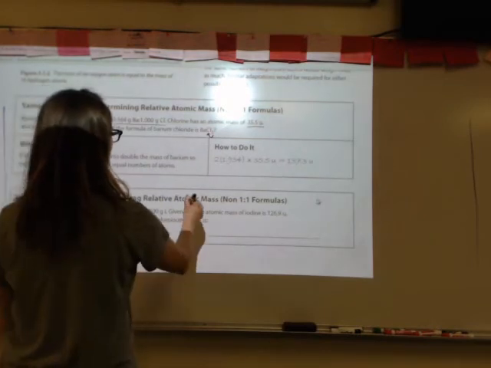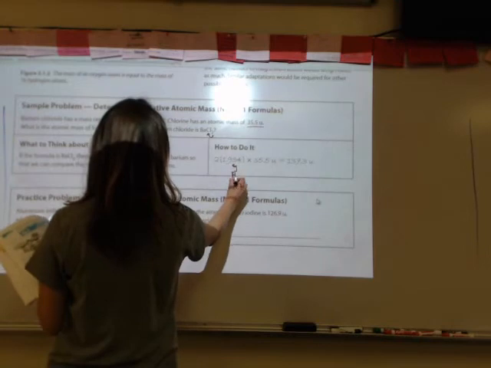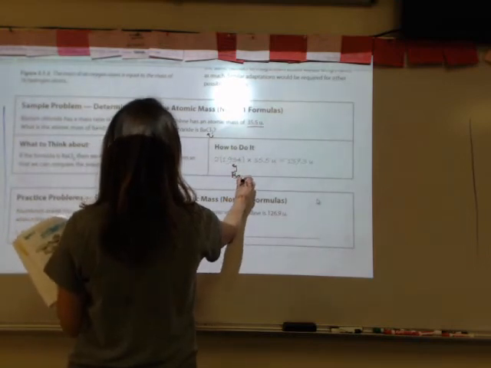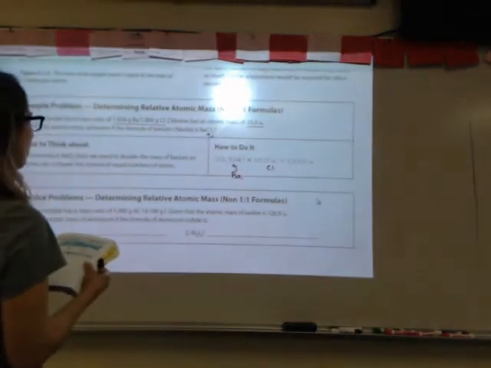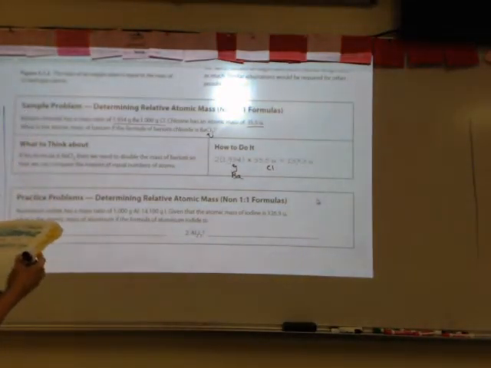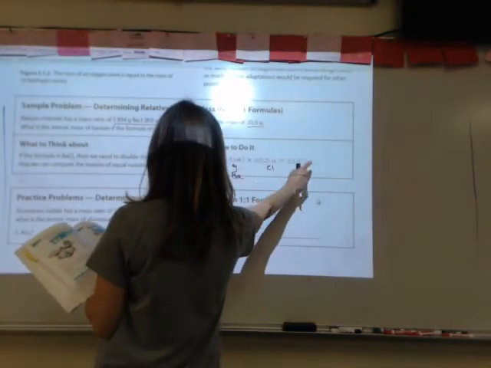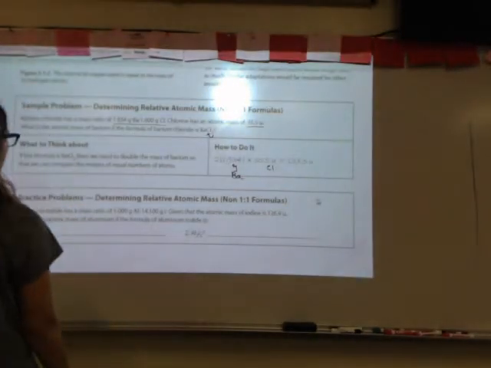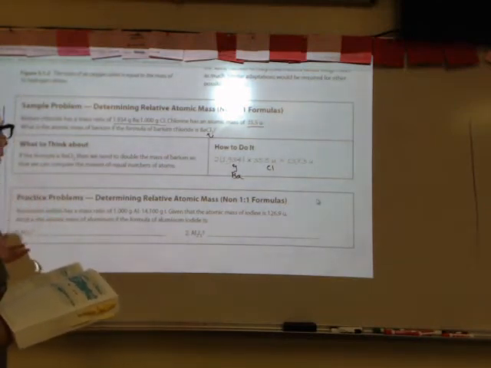So that means that you would take 1.94, this is the mass of barium, and multiply that by 2, then multiply it by the atomic mass of chlorine to actually get the atomic mass of barium. So you have to double the mass of barium so that you can compare the masses of equal numbers of atoms.